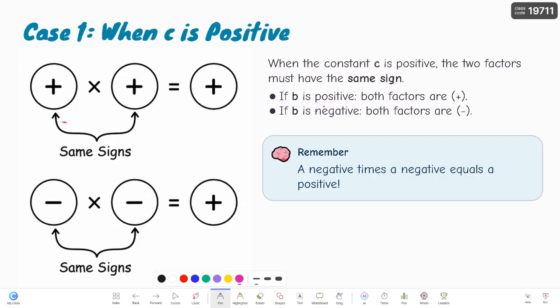When we talk about the same sign, we have 2 possibilities: they might be positive, or they might be negative. So how do we decide whether the 2 parentheses must be negative or positive? It is based on b, the coefficient of the middle term, or the linear term, that I already mentioned. When b is positive, the 2 factors must have the same sign as b, which is positive. When b is negative, both factors must have the negative sign.